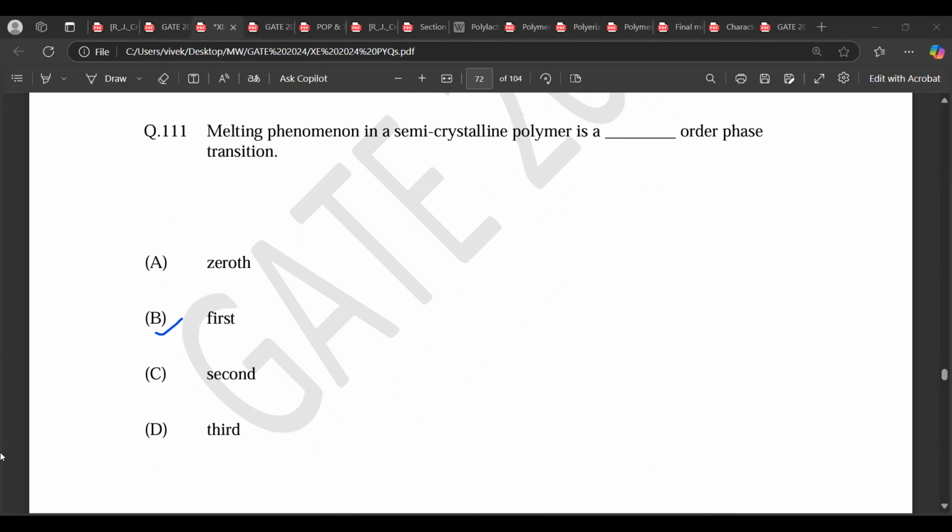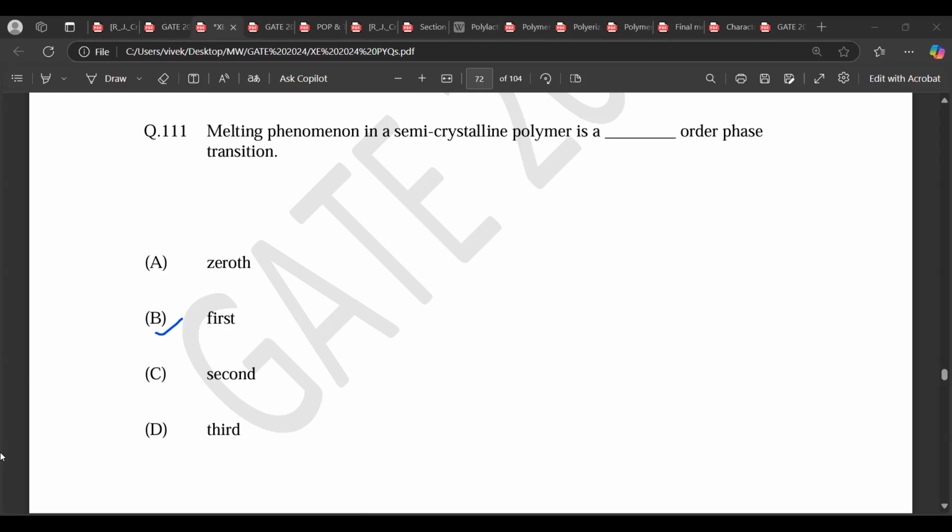That is decided by whether the equation that governs that transformation in terms of G is a second order differential equation or a first order differential equation.